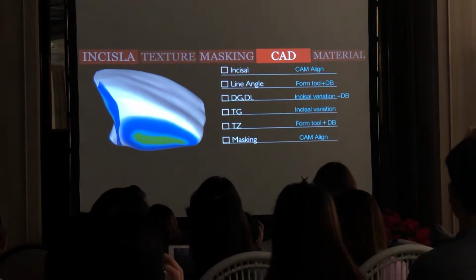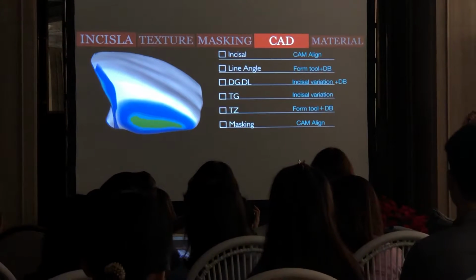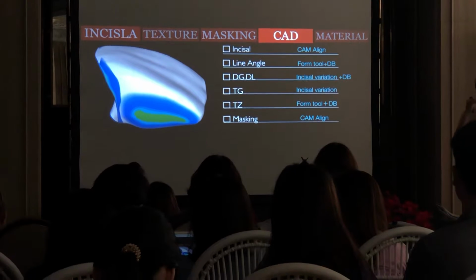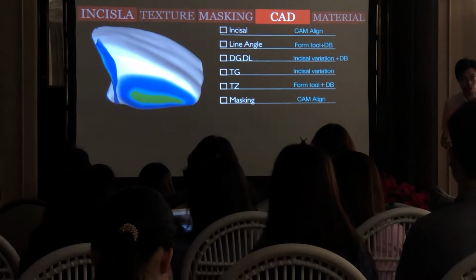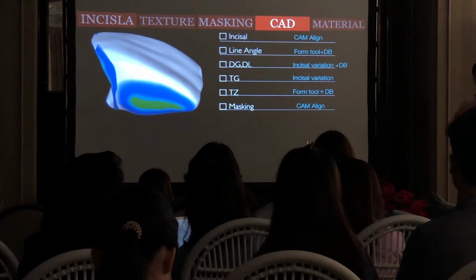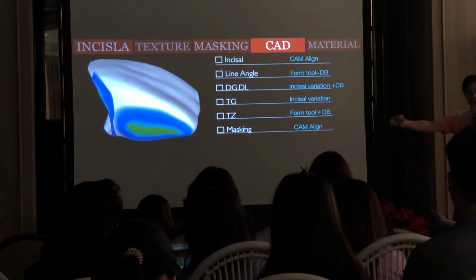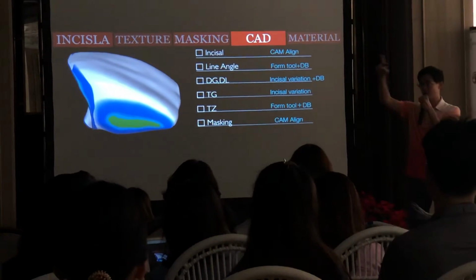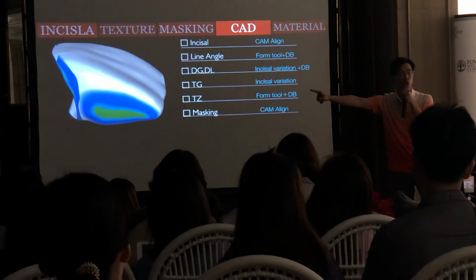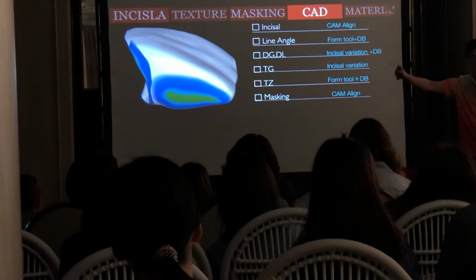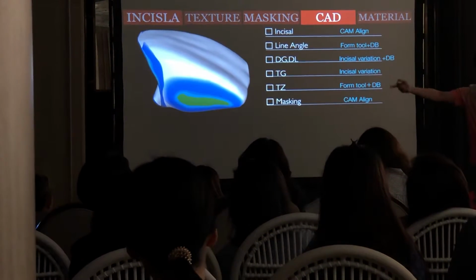So every dental technician can proceed with a standard operating procedure. If you have this characteristic on your tooth surface, I will use this tool. If you do not have this characteristic, I will leave it alone.